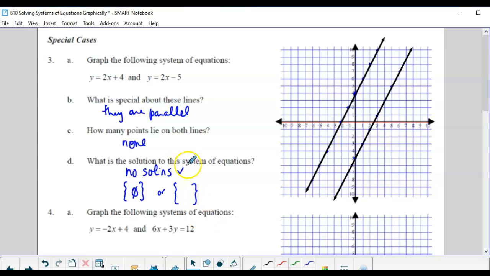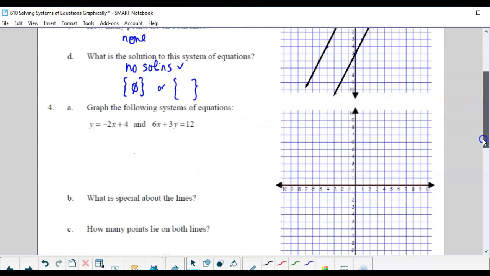Okay, so no solutions. They'll never intersect. So taking a look at the equations, they have the same slopes, different y-intercepts. Okay, that means they're parallel and distinct. They're never going to touch.